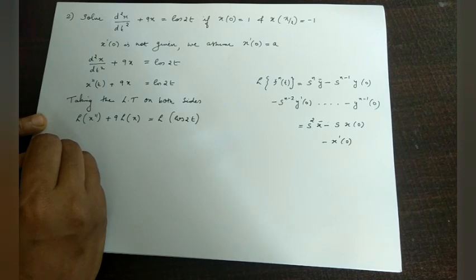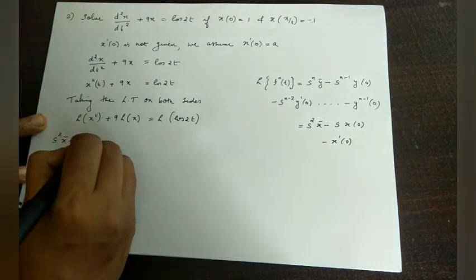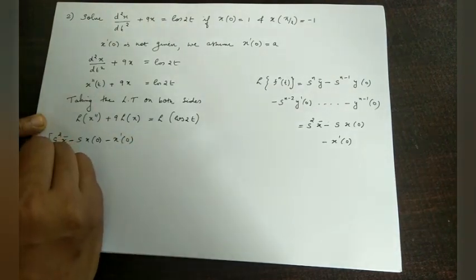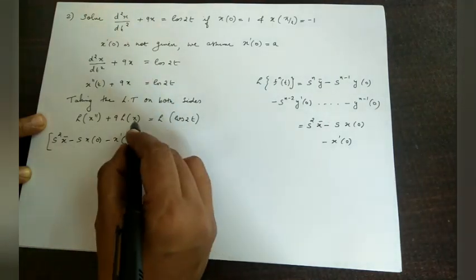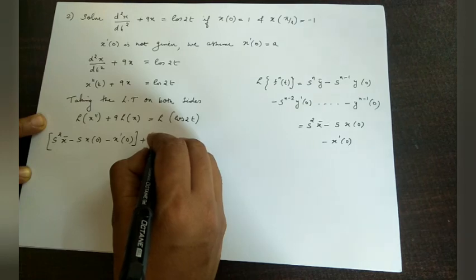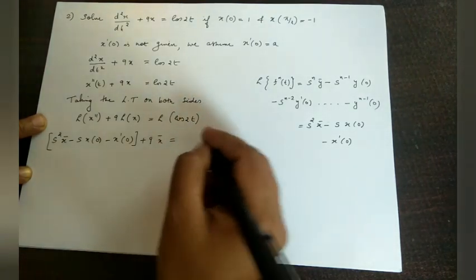Therefore, here we will write s square x bar minus s x(0) minus x'(0), plus 9 times the Laplace transform of x, which is x bar, equal to the Laplace transform of cos 2t.